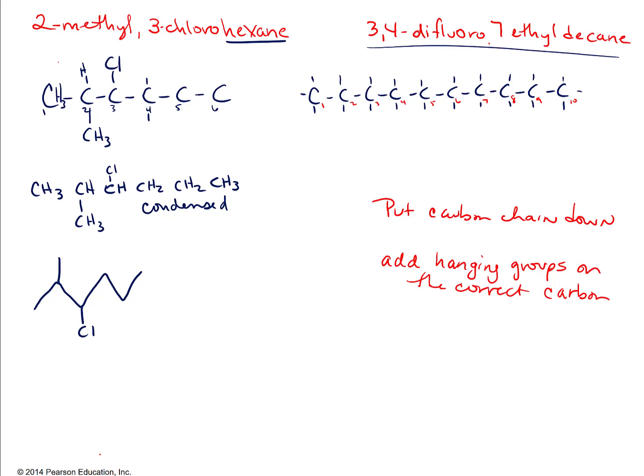What can you do next? Put a fluorine on 3 and a fluorine on 4. It would be fine if you put them both pointing down, both pointing up, or one up and one down. It doesn't really matter, because remember that single bonds have that rotation ability. And then the last one, CH2, CH3.